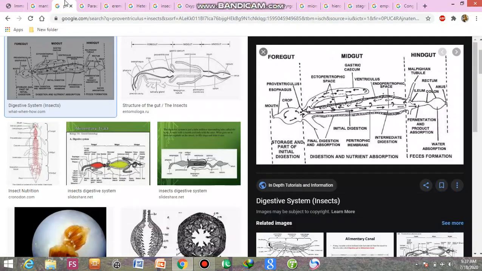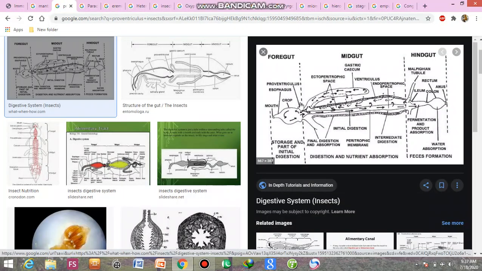Here you can see this is the mouth, this is the crop, this is the proventriculus. It sometimes prevents the entry of food from the foregut to the midgut, or it acts like a valve, or in some insects it acts as a crushing or grinding structure.